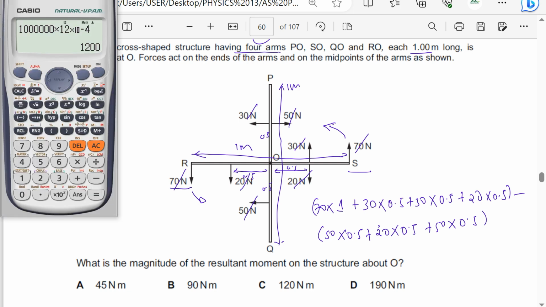So let me check my calculator. 70 times 1 is 70, plus 30 times 0.5 is 15, plus 30 times 0.5 is 15, plus 20 times 0.5 is 10, minus 50 times 0.5 is 25, plus 20 times 0.5 is 10, plus 50 times 0.5 is 25. So I am getting the resultant as 50. Is it 50? I have to check this again.